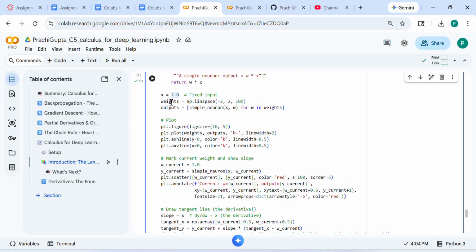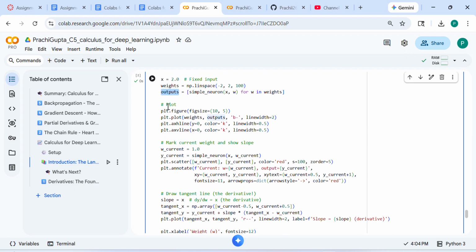With x constant, if we change the weight, the output will also change. That's what we are trying to show by plotting it.